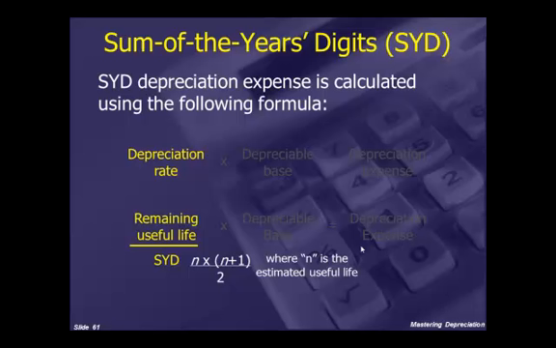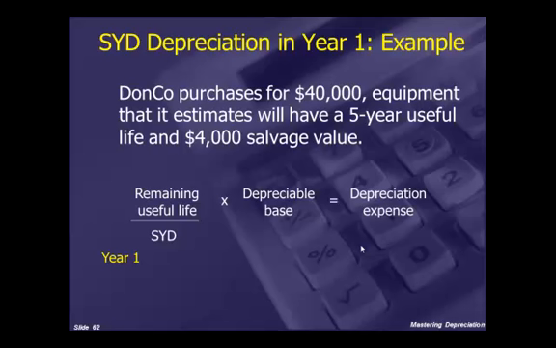So if it's 5 years, it would be 5 times the quantity 5 plus 1, or 5 times 6 would be 30, divided by 2, and you'd have 15. So it just depends what the useful life is. If the useful life is 10, it's 10 times 10 plus 1, which is 11. So 10 times 11 is 110, divided by 2 would be 55. So just be aware of how this works.